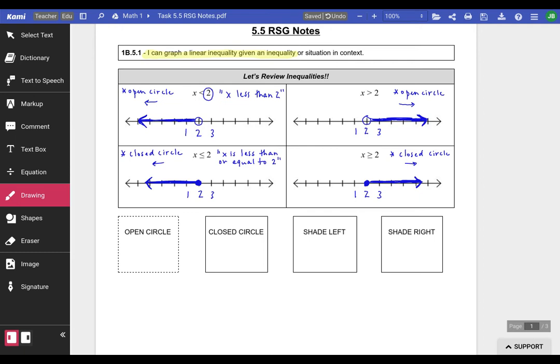So just as a summary, we're going to have an open circle, right? Meaning this on our number line, whenever our symbol is just less than or greater than. We're going to have a closed circle now whenever we have a less than or equal to or a greater than or equal to.